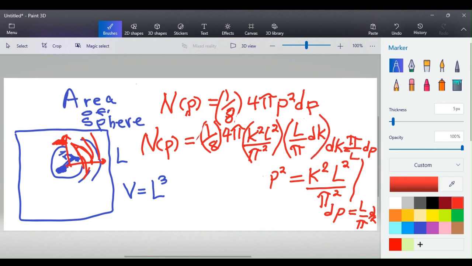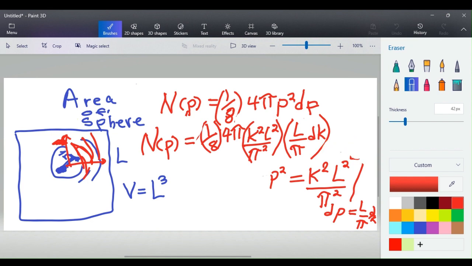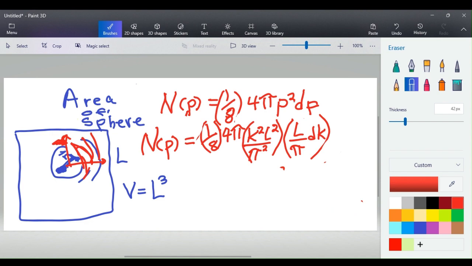Now, let's get rid of that other stuff. So we went from this expression to this expression, and the reason why this is important is this L here is part of the wavelength business. The L is the dimensions of the box, and that determined the number of modes here.